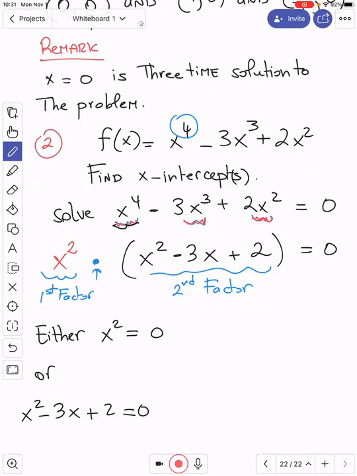All right, guys, so for x squared, we have the same thing here as in the previous example. As you can see, this is a square equal to 0. So we are supposed in general to have 2 different solutions.